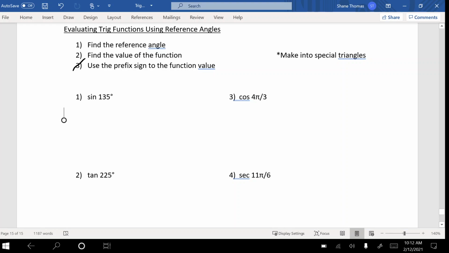Other special triangle is my 30, 60, 90. 60, 30. Okay. This one here, do we remember this one? Remember the side lengths on this guy? So root 3 and 1.